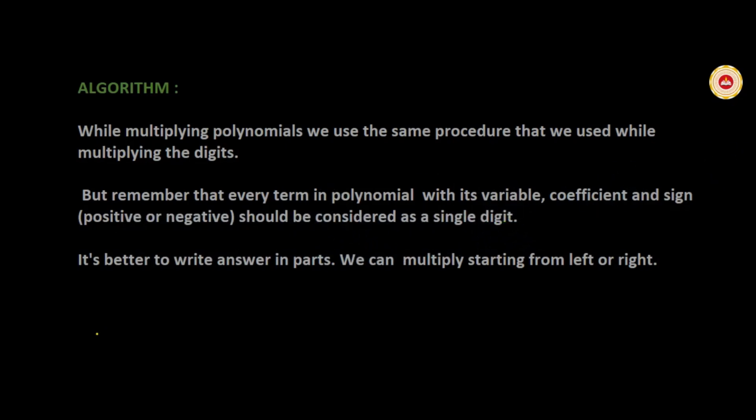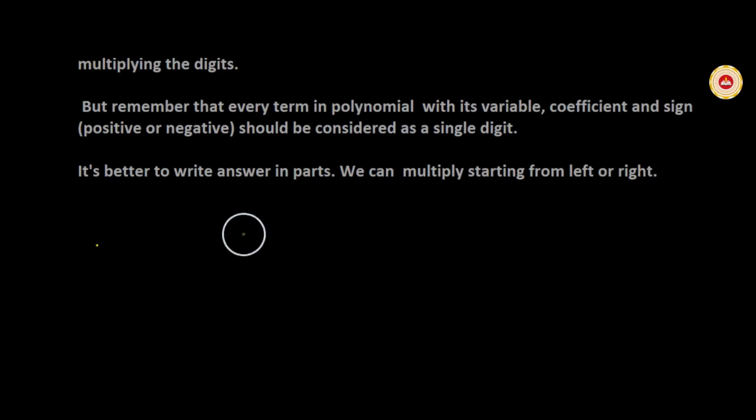Now let us understand this. Suppose 2x squared minus 3x plus 2 is a polynomial. Now there are three terms, first term, second term and third term, right? A term is made up of three things, three factors: sign, numerical coefficient and variable.